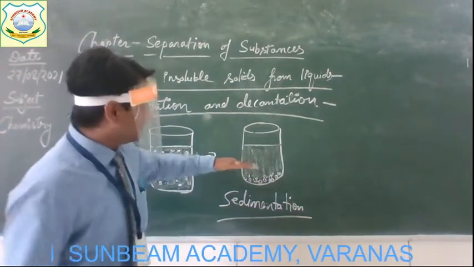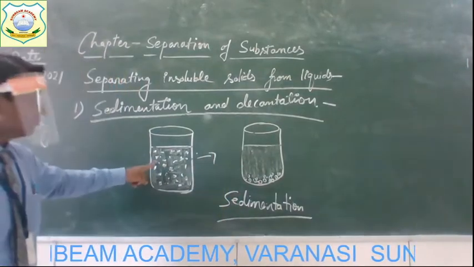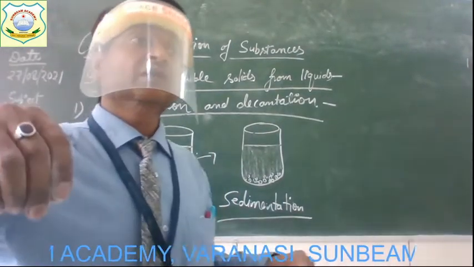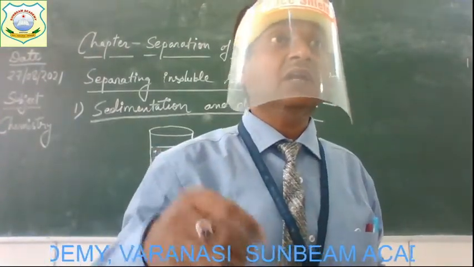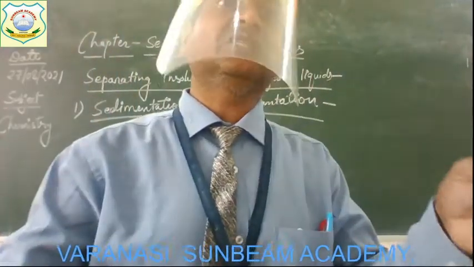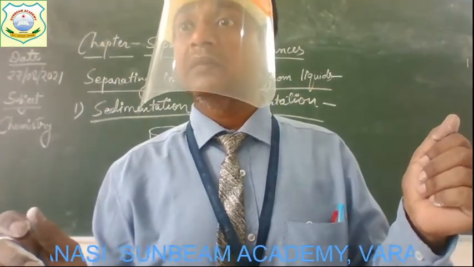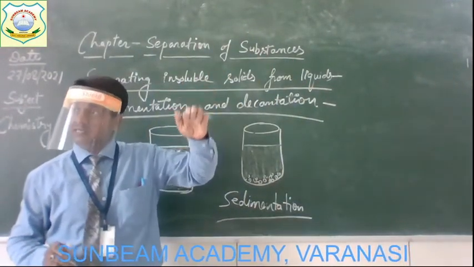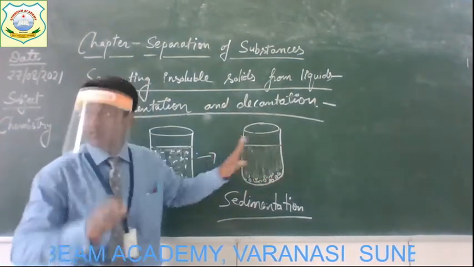And what is there above it? The clear water is there. Earlier the water looked not clear because we had added some insoluble solids like sand. But if we keep it undisturbed for some time, sedimentation occurs, all the insoluble solid impurities settle in the bottom and the water looks somewhat clear.